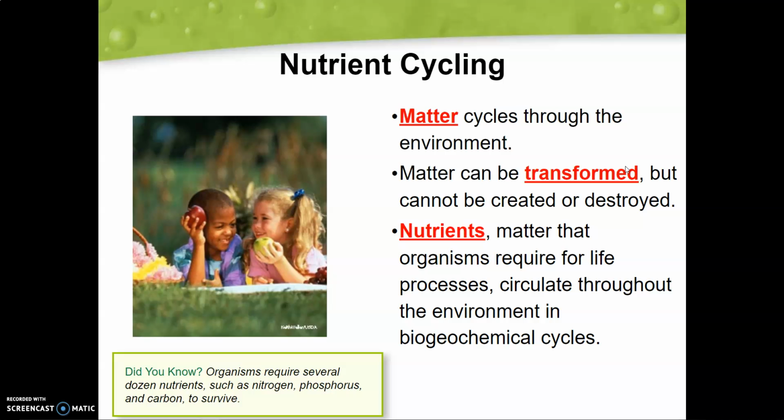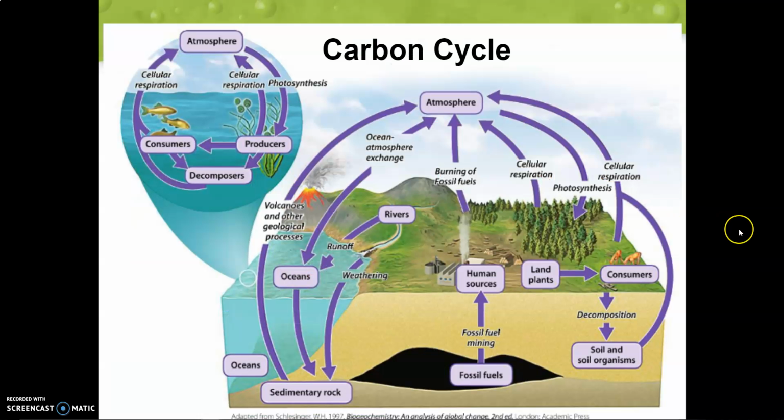Okay, so we're going to start talking about carbon first. I know this looks pretty intimidating, but I'm going to show you a simpler image on the next slide. I just kind of wanted to go over this at the beginning. So the way carbon cycles, there's a little insert of what's happening in the ocean. It's also happening on land.